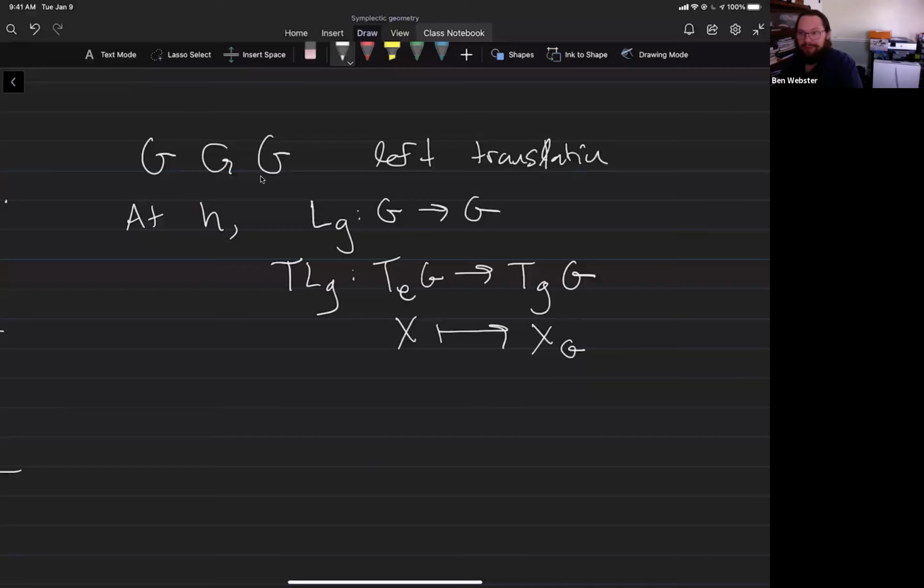And right invariant vector fields have the opposite Lie algebra structure from left invariant vector fields. So it's very easy to get the Lie algebra structure backwards. But I will double check about that rather than trying to figure it out live here. So let me just pause for a moment.